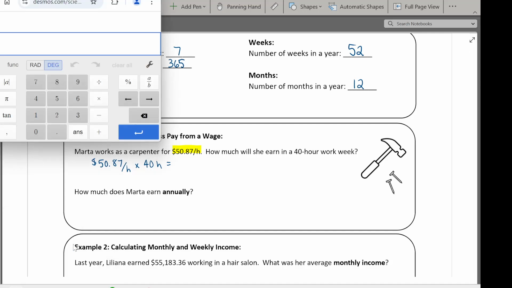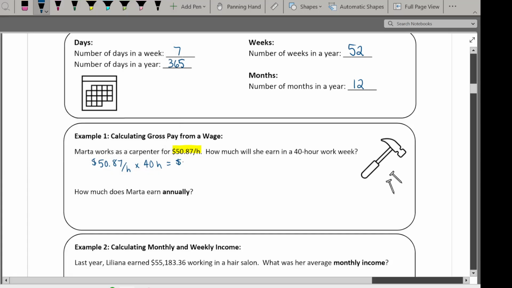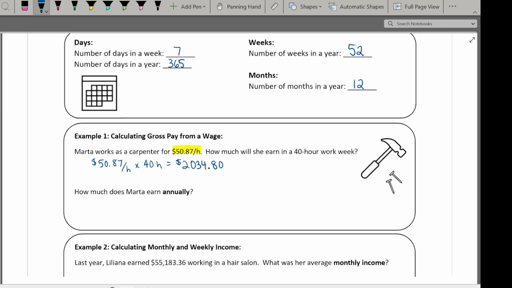Now I have a calculator set up here, 50.87 times 40. So that is $2,034.80 in 1 week.